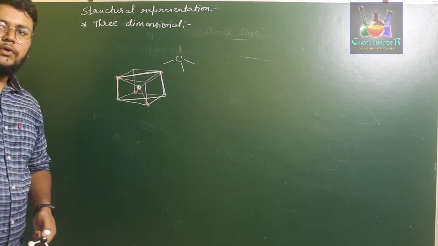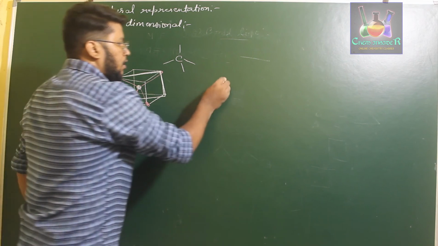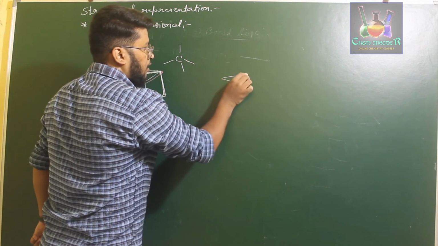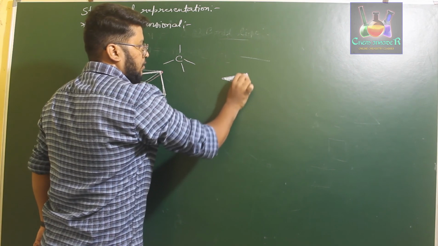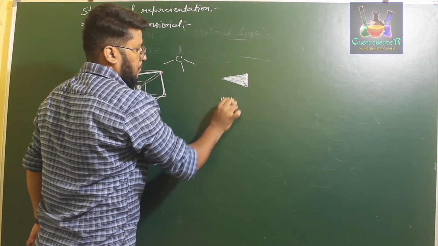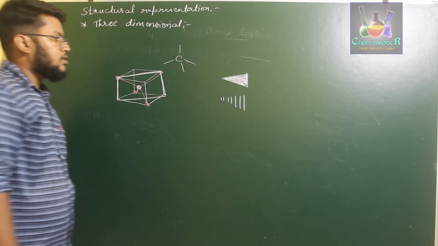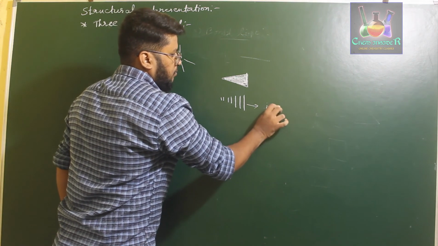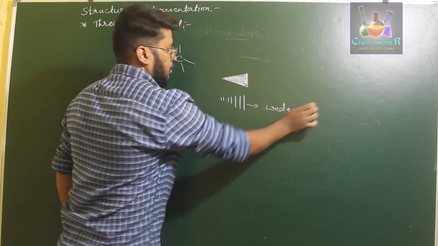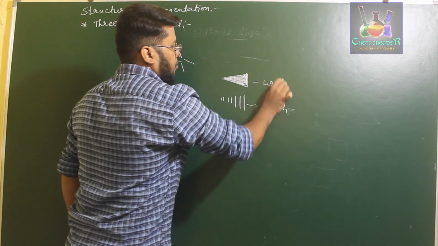When you have to represent a CH4 molecule in three dimensions, we use a convention called the dash bond and wedge bond. Sorry, this is called the dash bond and this is called the wedge bond.